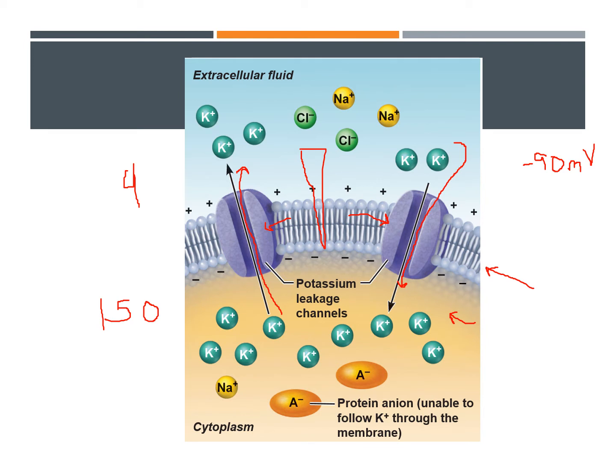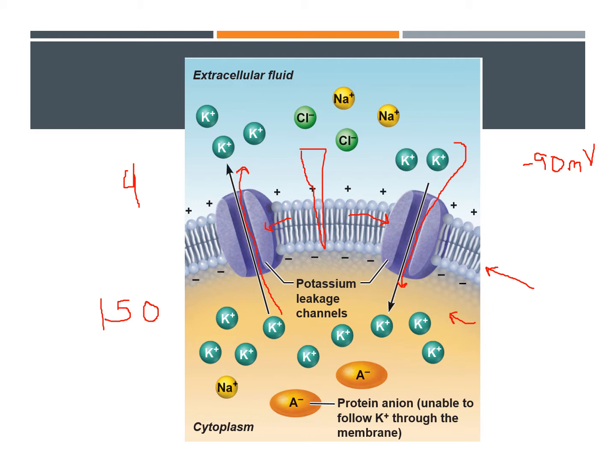Okay. This is great and everything, but we didn't talk about sodium. Well, in addition to the leakage channels that are always open, so that means potassium can freely flow down its concentration gradient and down its electrical gradient, in addition to those channels, we also have gated channels that control the flow of ions.